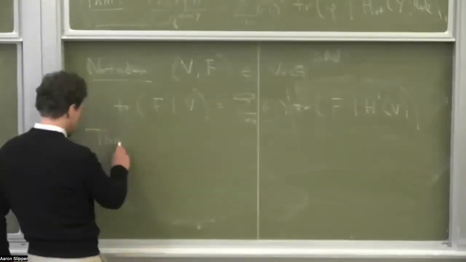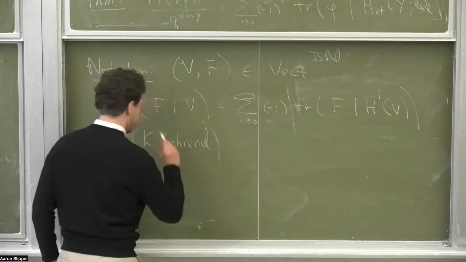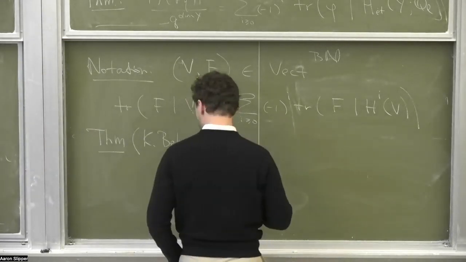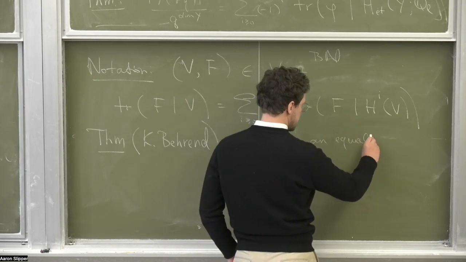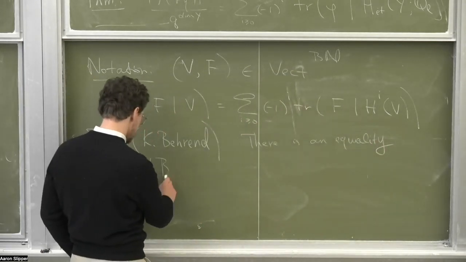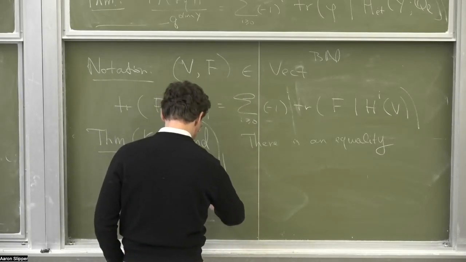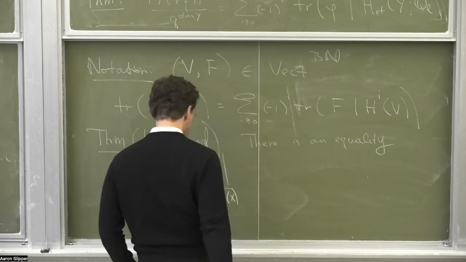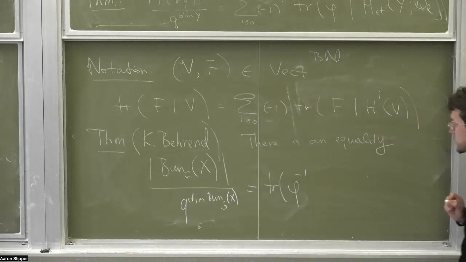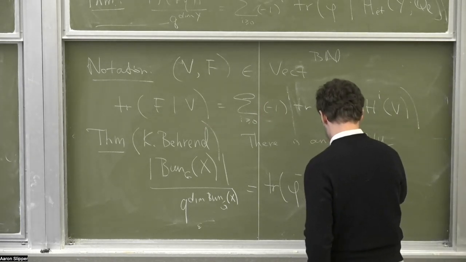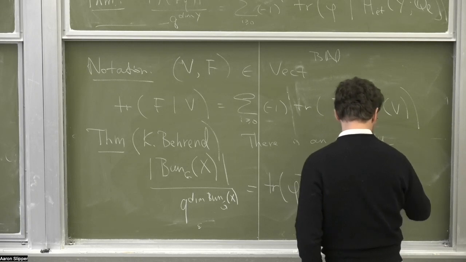One is a theorem due to Kai Behrend, which says the following: there is an equality of the mass of BunG divided by Q to the dimension of this type, and on the other hand the trace of geometric Frobenius acting on the homology of the stack.